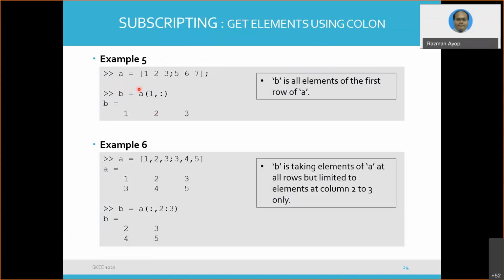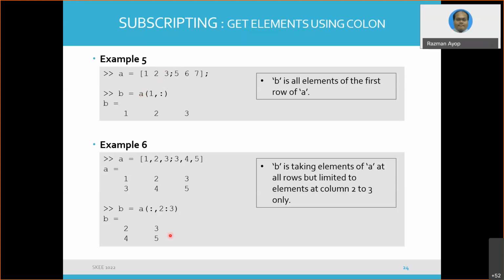Example: A is 1, 2, 3, 5, 6, 7. I want to retrieve row number 1, which is this vector, and then colon. This means that instead of just taking one number, it will take all the numbers inside row 1.